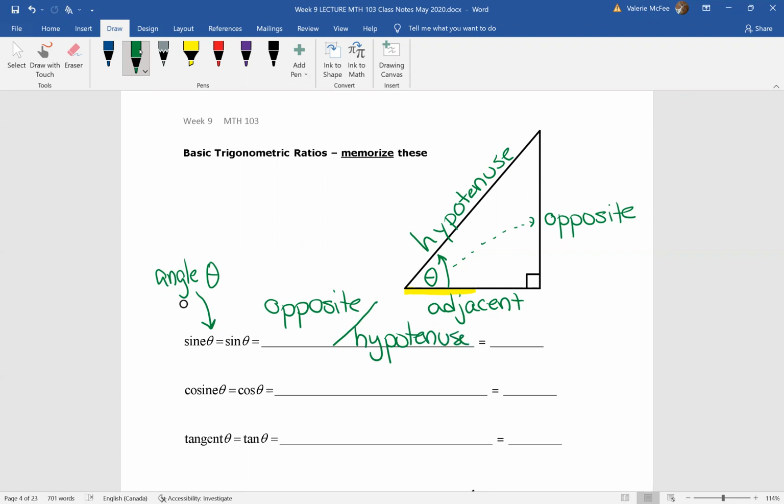The cosine ratio, the cosine of theta, abbreviated COS, is always comparing the adjacent side to the hypotenuse. And the tangent ratio, abbreviated TAN, is always comparing the opposite side to the adjacent side.